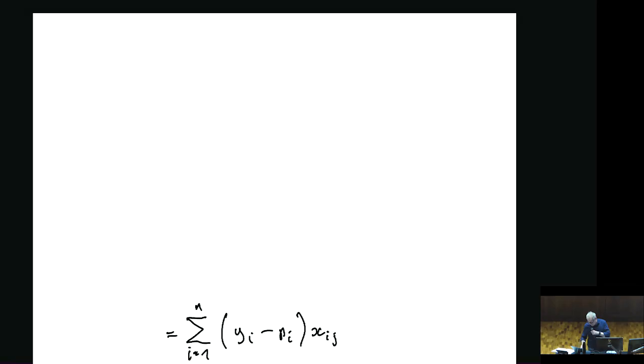For this, it's going to be the sum from i=1 to n of (y_i minus p_i), and you don't know yet what p_i is, times x_ij. Okay, that's going to be the thing that will be derived.